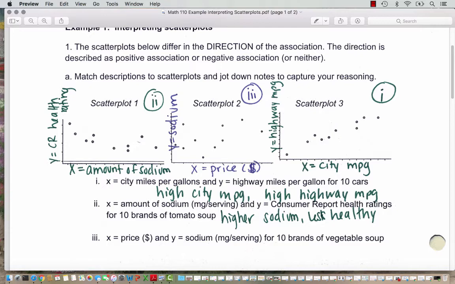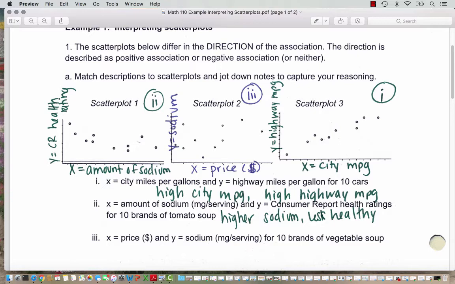So the first scatterplot has a negative association: as the x-axis increases, the y-axis decreases. So as we read through the three possibilities, the best fit seems to be the second choice, where x is the amount of sodium in milligrams per serving in some sort of superfood, and y is a Consumer Reports health rating for 10 brands of tomato soup.